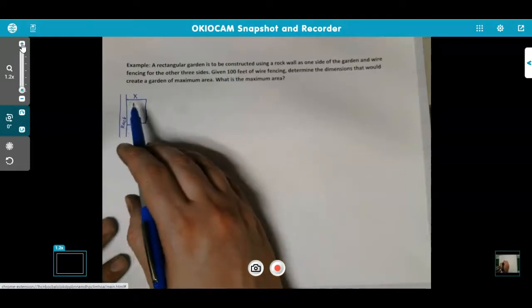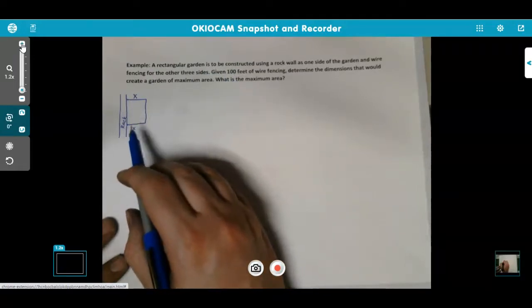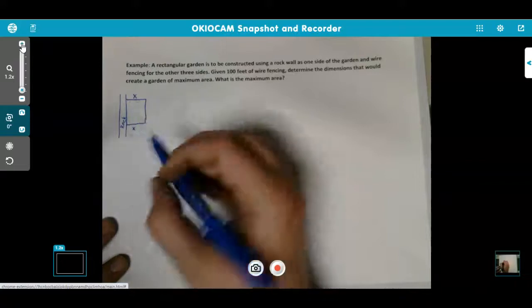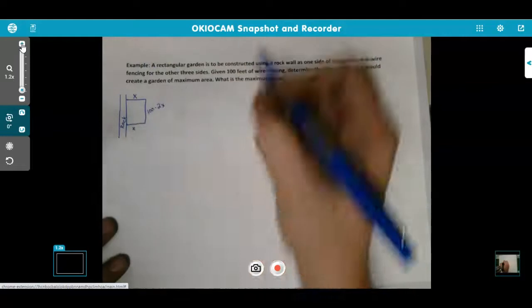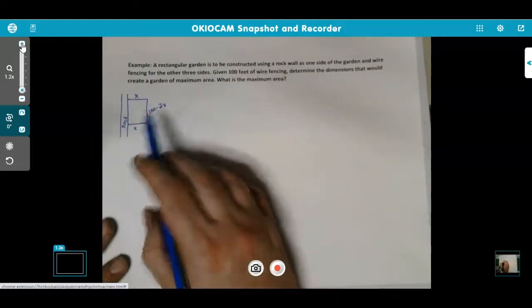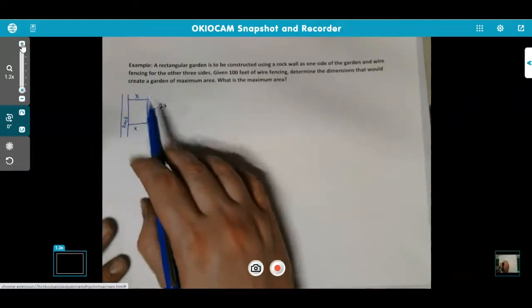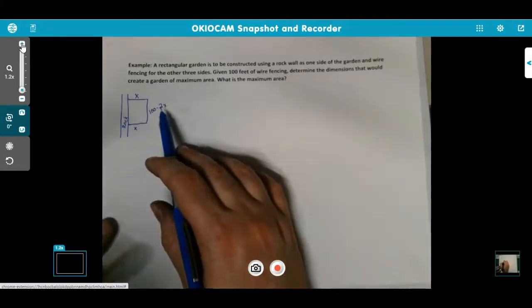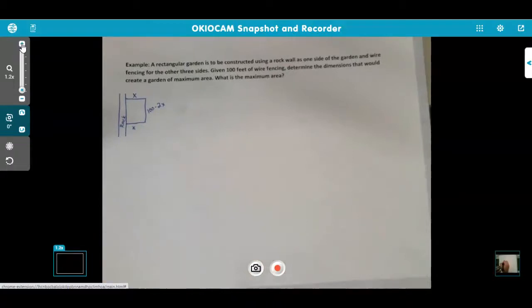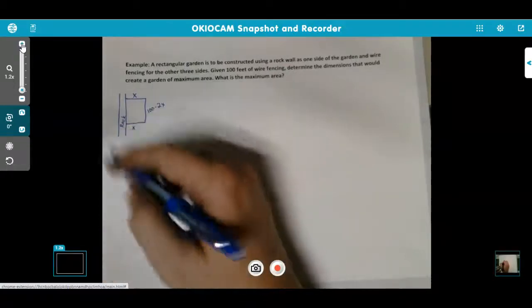So if I have 100 feet for the total and I've already used x twice, this last side would be 100 minus 2x. So this is what I want to deal with, okay?